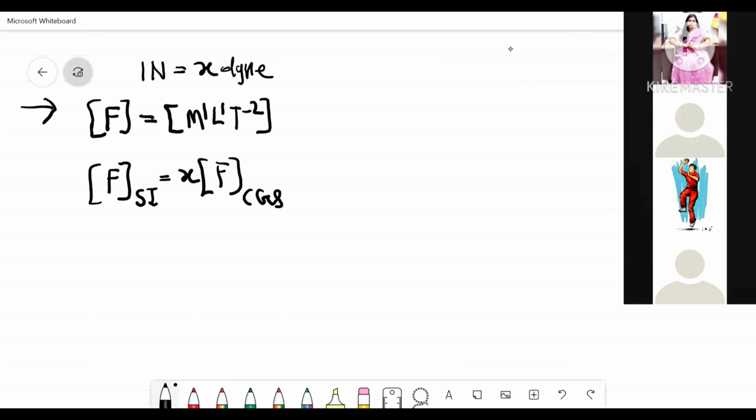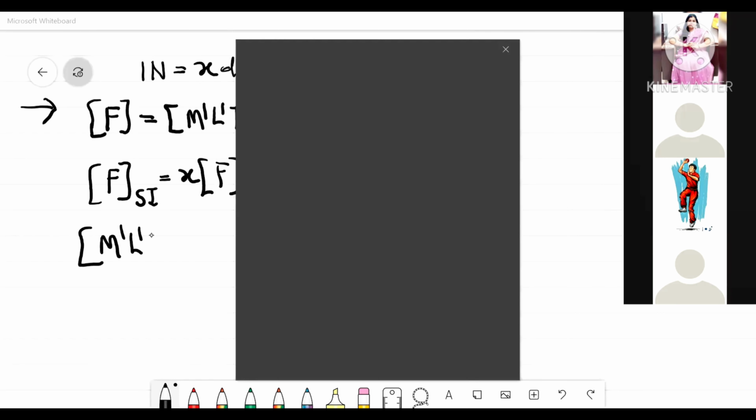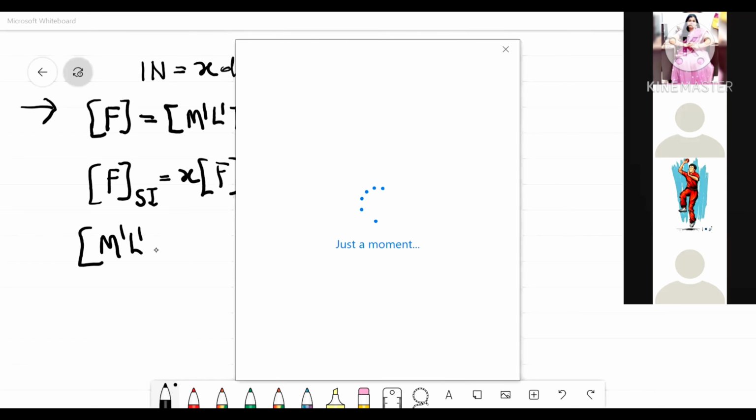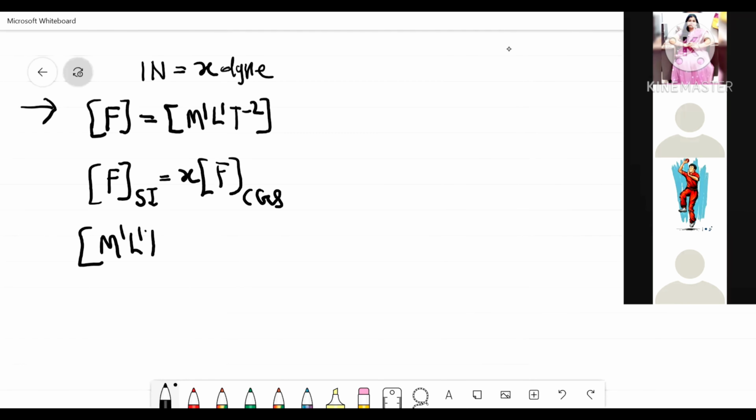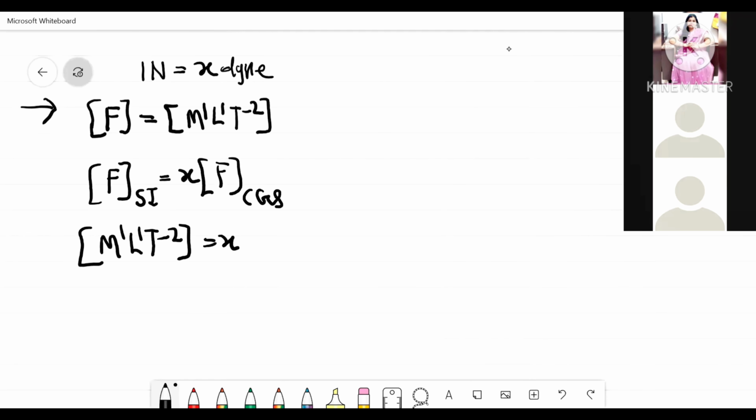Then what is the dimension of force in SI? We'll write M raised to 1, L raised to 1, T raised to minus 2. And the same for the CGS system: M raised to 1, L raised to 1, T raised to minus 2.